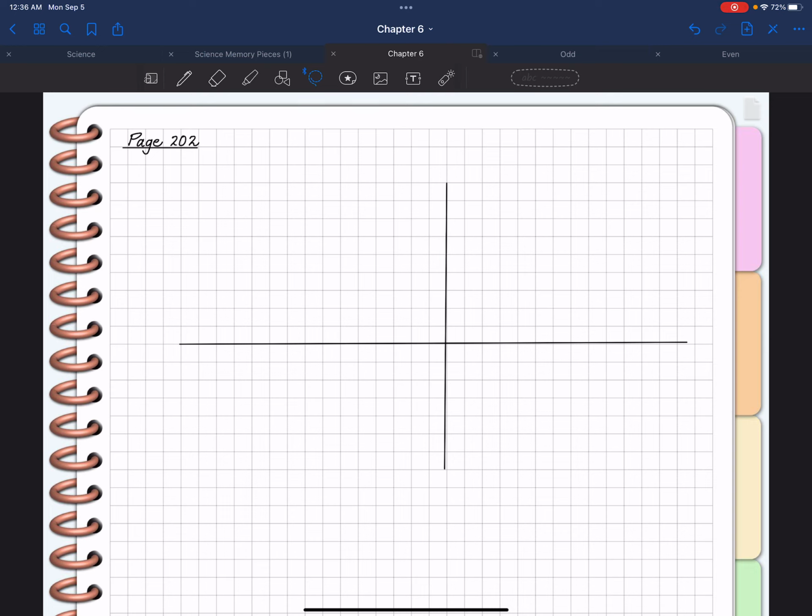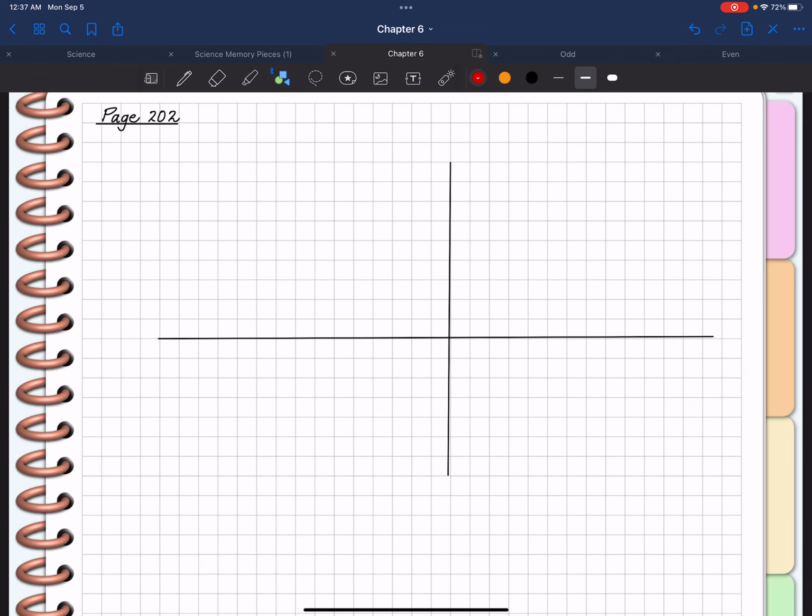Now, bear with me. I was going to do this off camera, and I thought, no, I want you to watch me draw it. So I'm going to do something sort of like this. Okay, that's not going to work. So let's do it maybe in a wave shape.